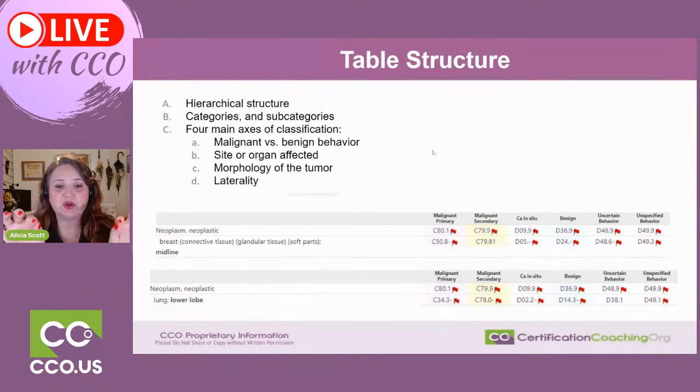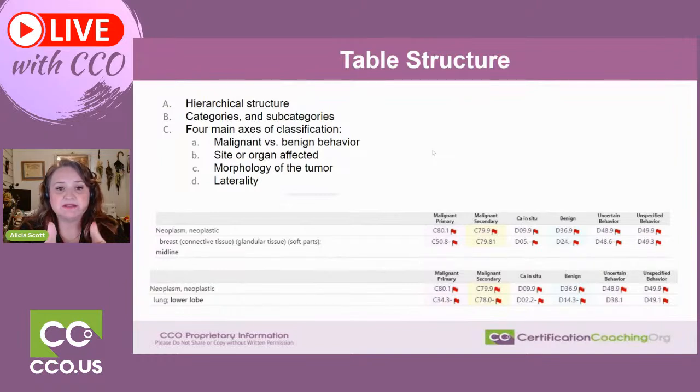But this one code is for midline. Now, whenever you see under midline that it says C50.8 and then a hyphen, that means there's more characters in the neoplasm table, so do know that.